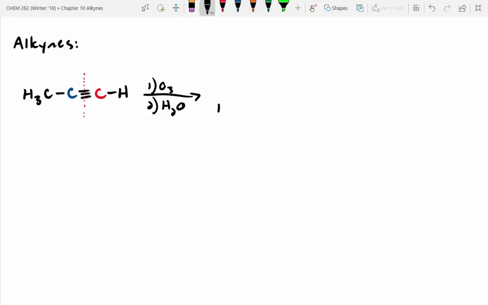When you do this, you're going to take this blue carbon, and you're actually going to oxidize it quite a bit into this new functional group. What is this? Carboxylic acid. All right, now we have to think about the red carbon.